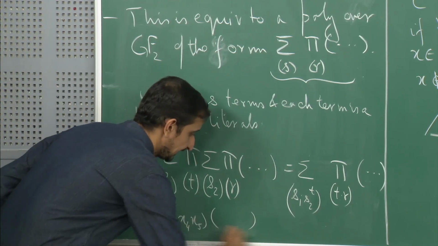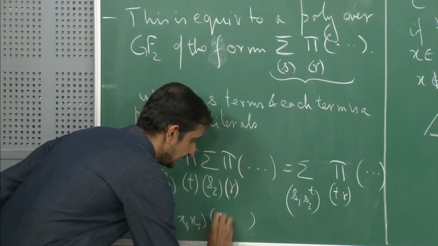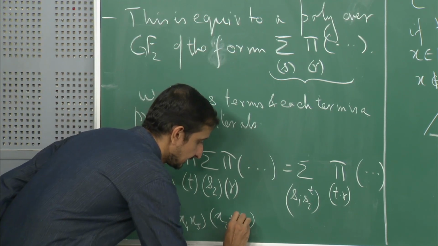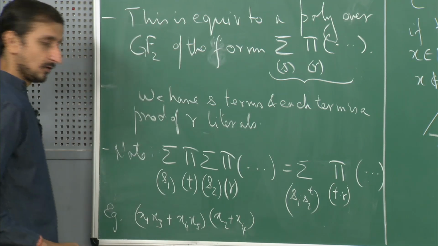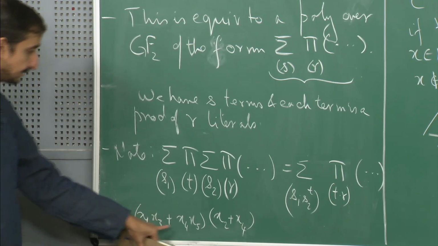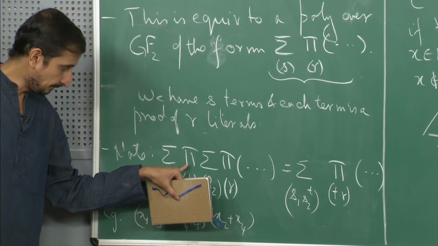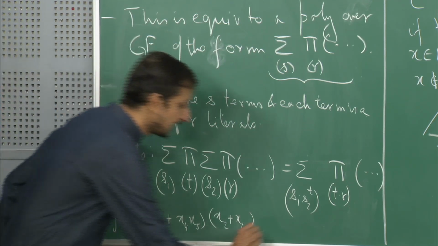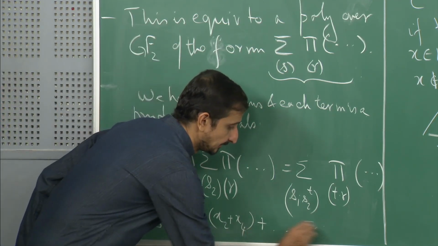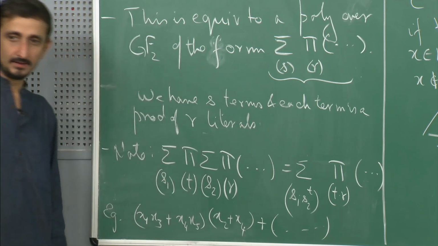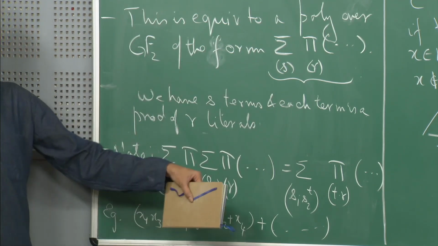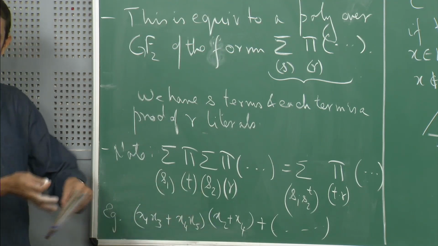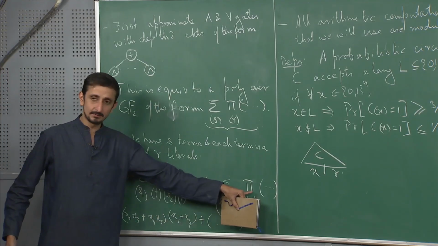Now, I do this with another sigma pi formula, let us say x2 plus x4. Now this is a pi sigma pi formula, and again I have something similar. Now, what I will do is just apply distributivity. I will multiply and add accordingly, and spread it out to get it into sigma pi.